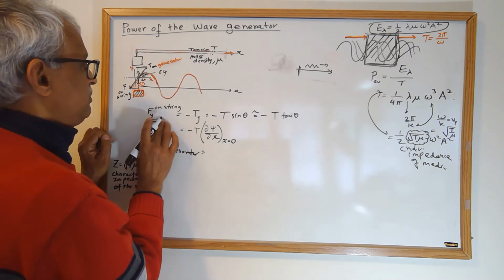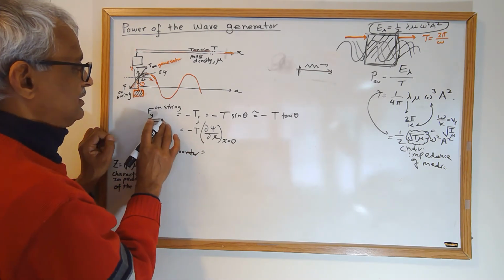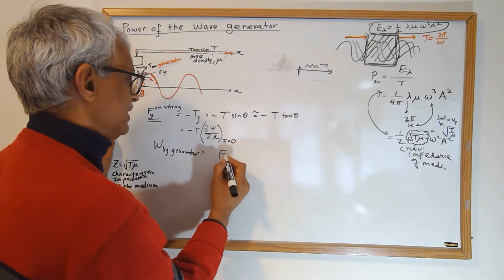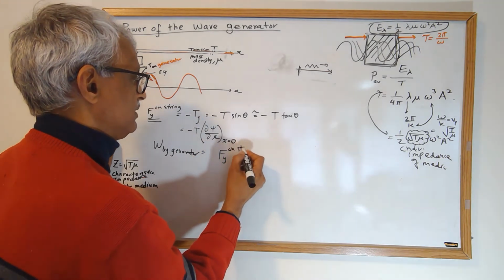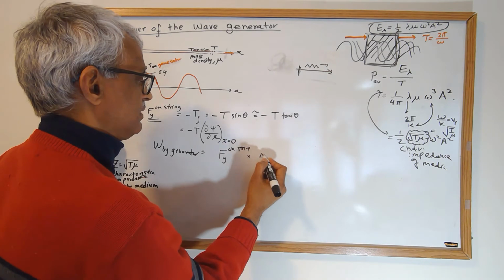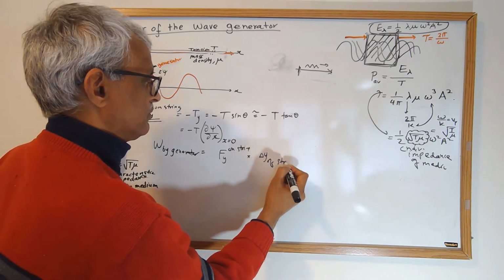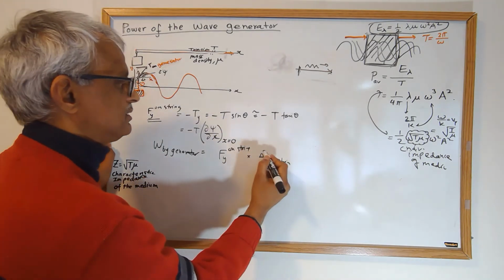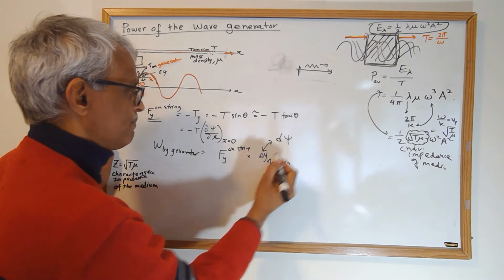Well, the work is the force applied times the displacement, right? So F_y on the string times delta y of the string. It's in the same direction, and this is the same thing we're calling d psi.